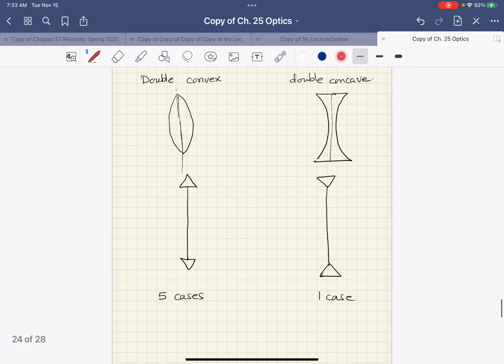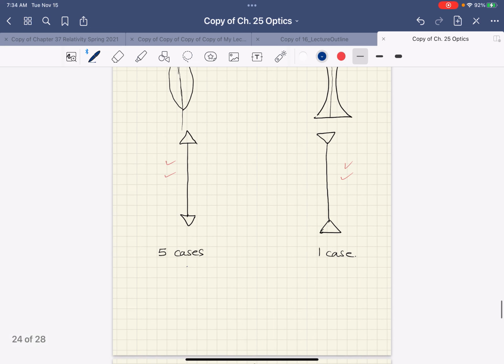Also, this is a short way of representing the double convex, and it's easier to use when we draw the cases. This one has 5 cases, very similar to the concave mirror, and this one has only 1 case, very similar to the convex mirror.